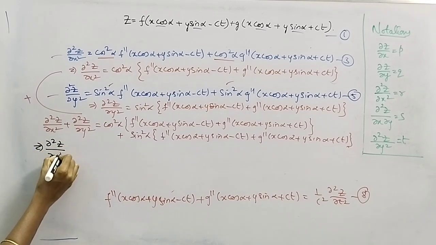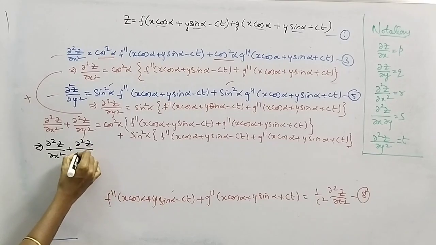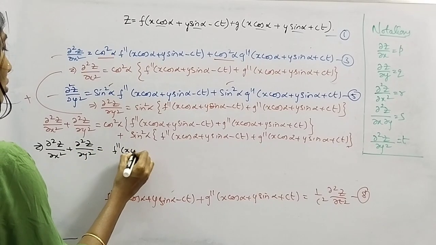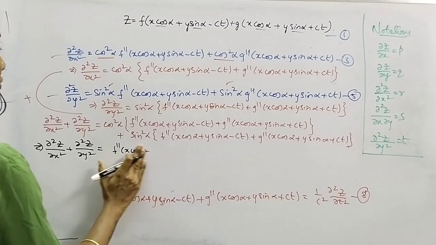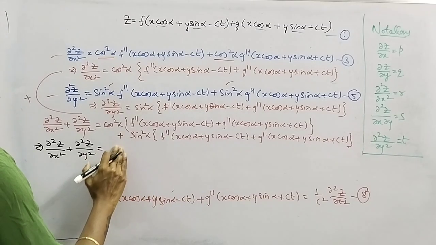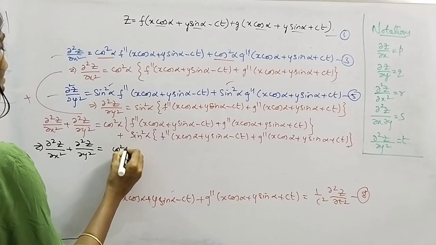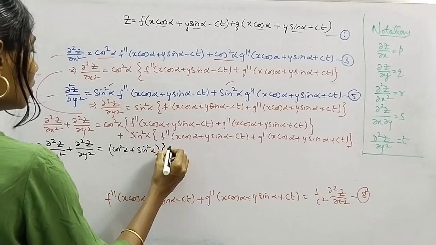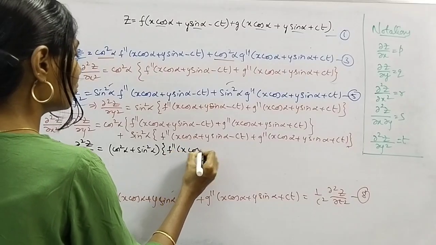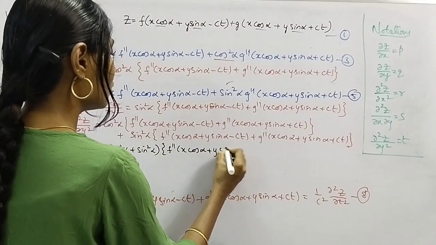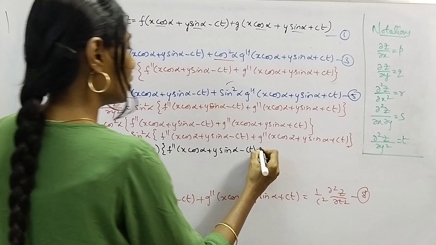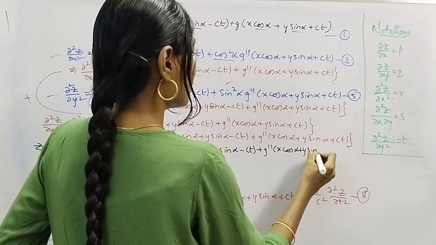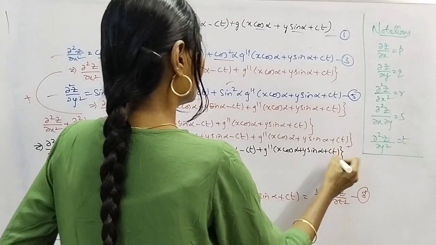dou square z by dou x square plus dou square z by dou y square equal to f double dash of x cos alpha. First I will write cos square alpha plus sin square alpha into f double dash of x cos alpha plus y sin alpha minus ct plus g double dash of x cos alpha plus y sin alpha plus ct, right?